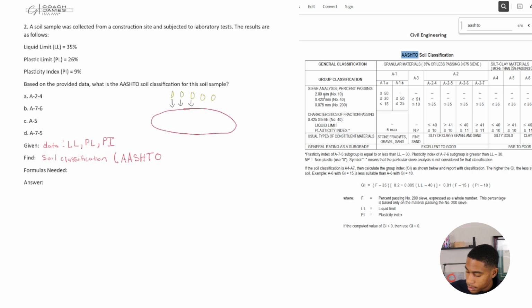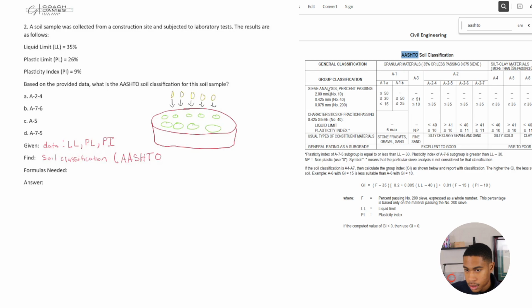These are all pieces of soil, right? And they're all coming down in this circular little pan, right? So a sieve contains these little holes, right? And depending on how big the holes are is the size of the sieve.